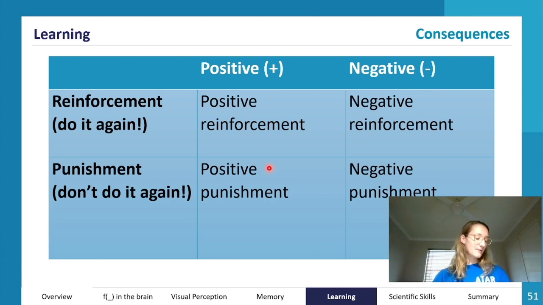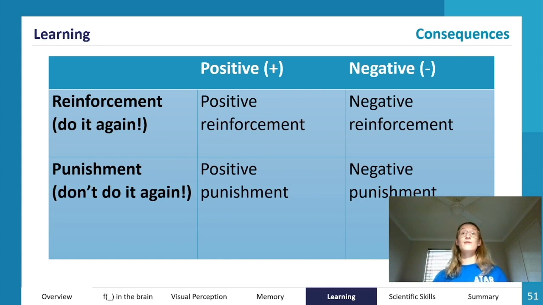So yeah, like I said before, like a parent scolding their child for fighting with their sibling. Whereas our negative punishment, think negative, something is taken away to try and reduce the likelihood of a behavior. So again, we're thinking, if I want to send the message that what they've done is bad, how can I make sure that they don't do it again? When we're thinking of negative, it's what can I take away to reduce the likelihood of this behavior occurring again?